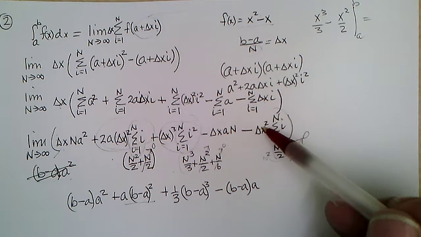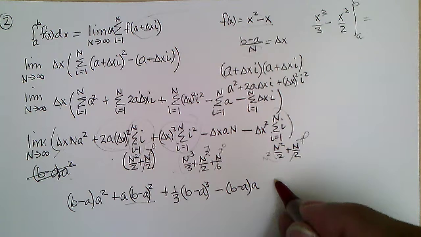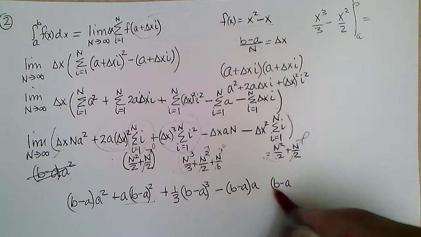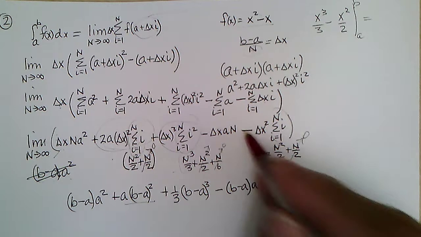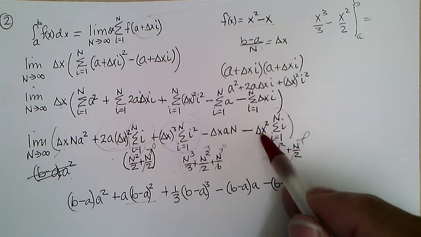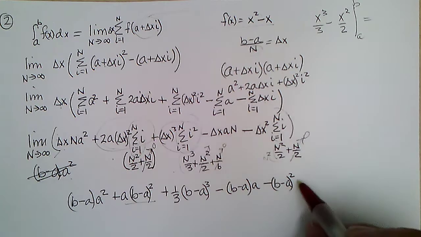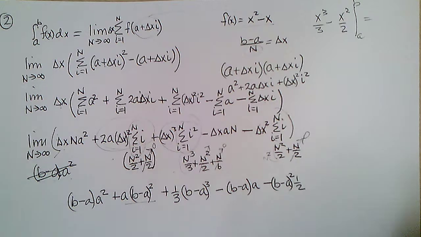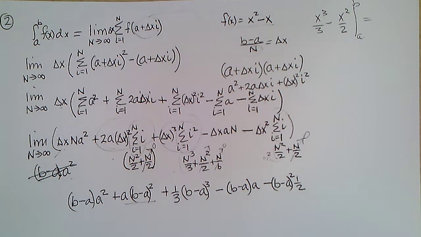So I'm going to have, see, delta x squared is b minus a squared, and we're subtracting this. That's the numerator of this, times a half. And hopefully I've got everything there. It's so easy to make an algebra mistake in this.